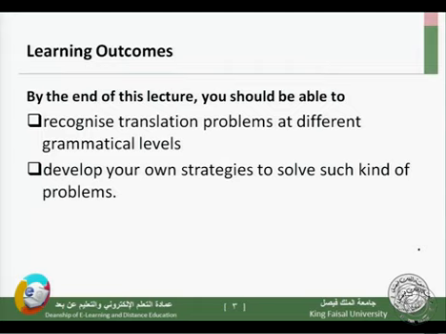Now, you should also be able to develop your own strategies to solve such kinds of problems. As I mentioned in my previous lecture, lecture number 11, I'm not giving you strategies to solve problems, but I'm explaining to you some linguistic problems, lexical and grammatical problems.